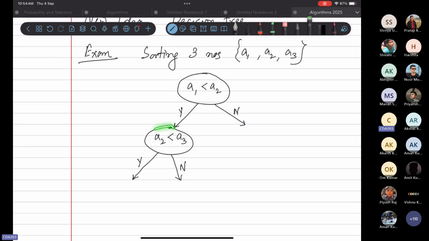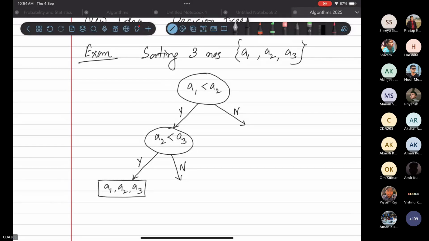Now I do this comparison, A2 less than A3, and again I get a yes answer. Then at this point, I can tell the sorted order would be A1, then A2, then A3. So A1 is the smallest, then A2, then A3.